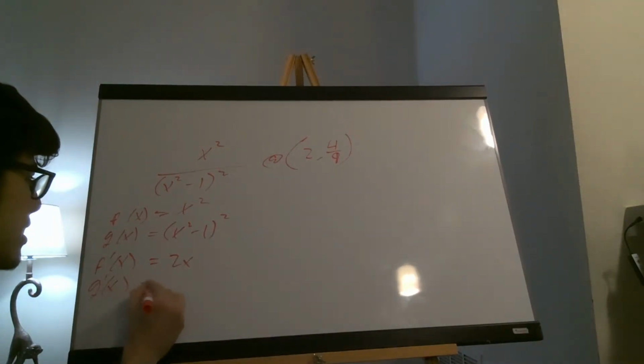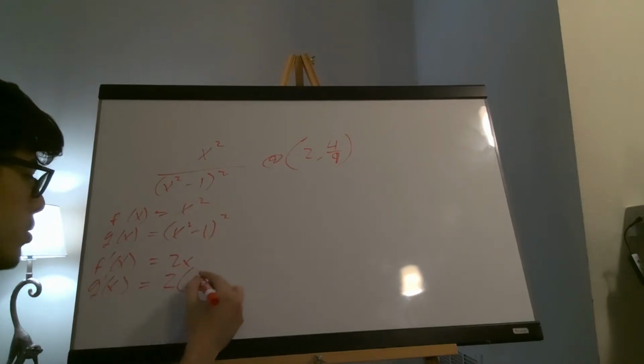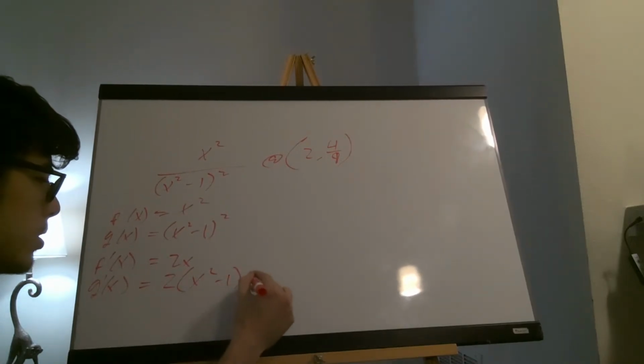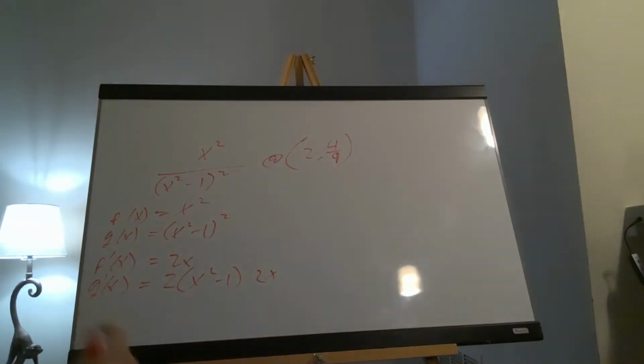g prime of x is equal to 2 times x squared minus 1 times 2x. Okay.